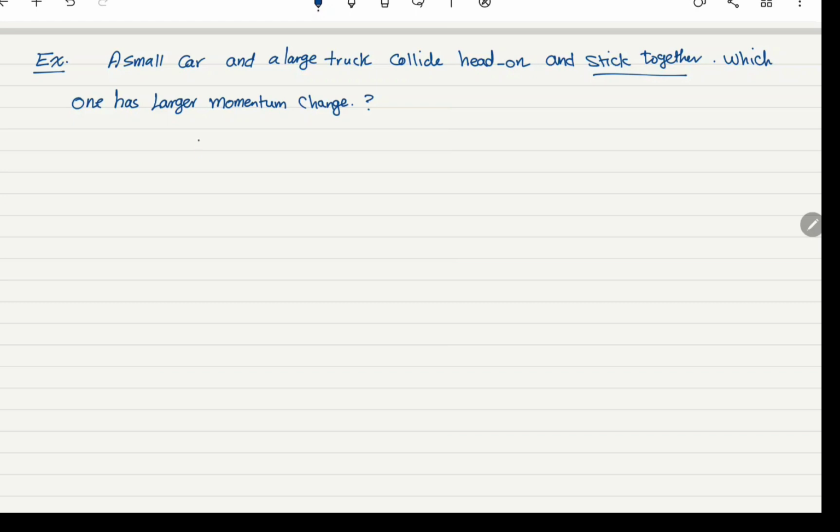So P final equals P initial. Now the change in momentum after the collision, delta P, equals 0 for the car and the truck combined.